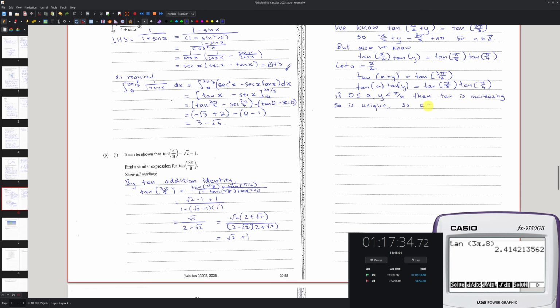So a equals pi on 8, y equals pi on 4, or a equals pi on 4, y equals pi on 8 are the only solutions.